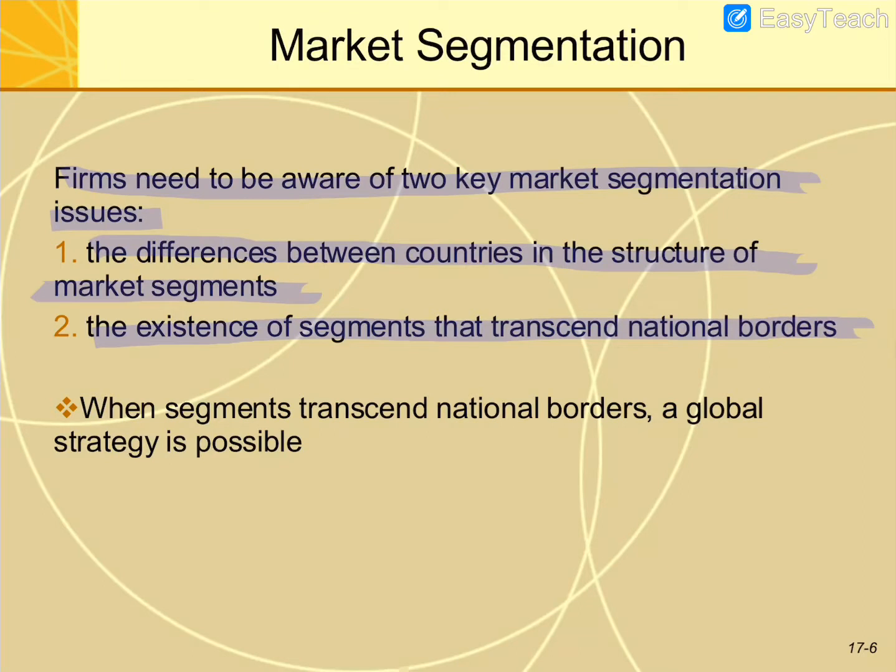When a segment transcends national borders, a global strategy is possible. Transcend actually means beyond, or beyond the limits, beyond the range. So when a segment exists beyond the national border, a global strategy is possible.